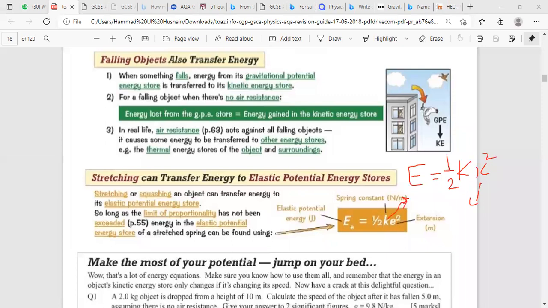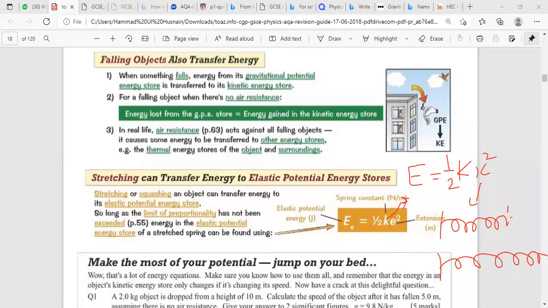Let me explain it to you with an example. Let us say we have this spring, and this is in its relaxed position. We are not applying any sort of force on it. Now let us say that we have applied a force, and this spring is just expanded.